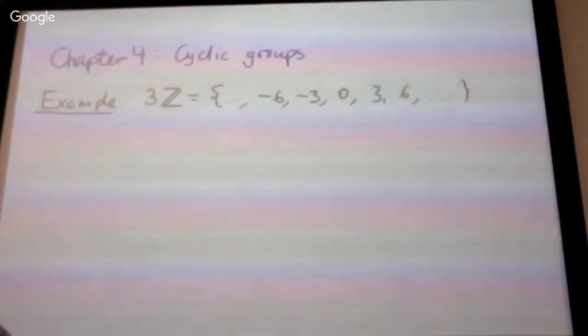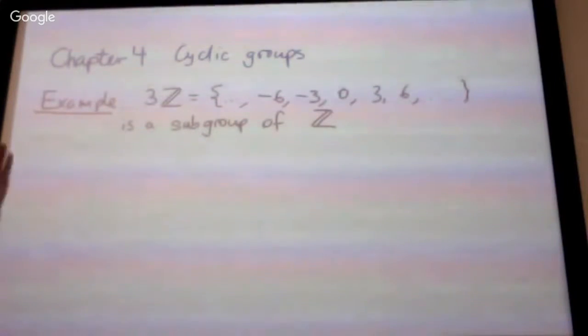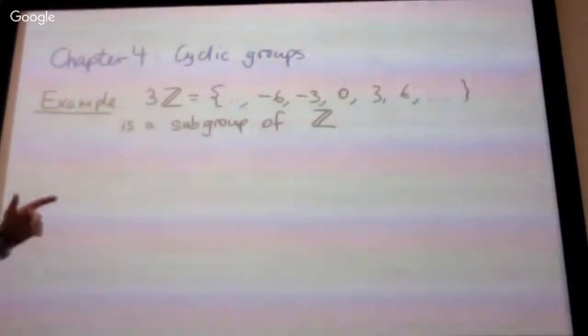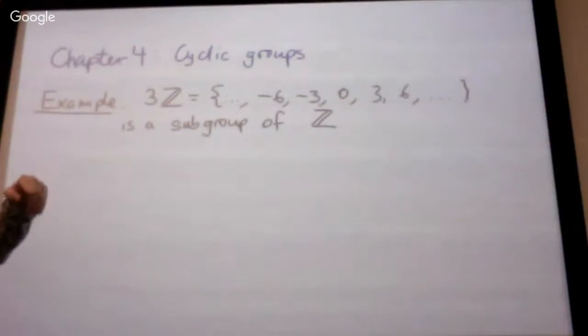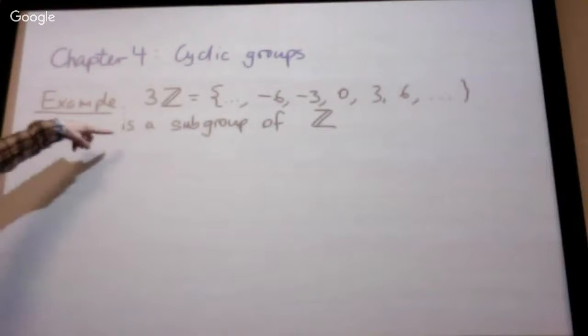So this is a subgroup of integers with addition. So integers with addition is just all integer numbers adding. The inverse is the negative. 0 is the identity. This is a subgroup.